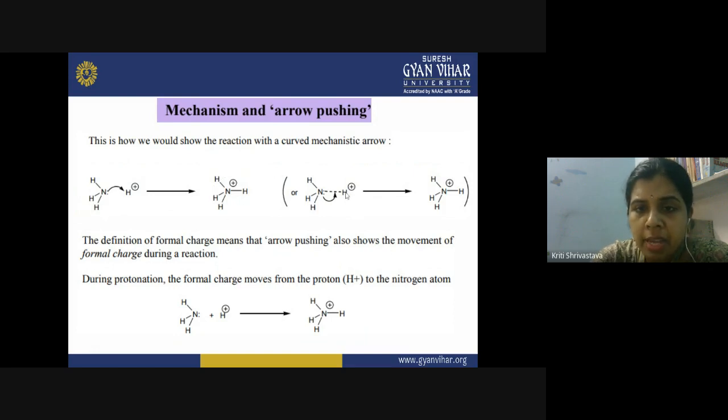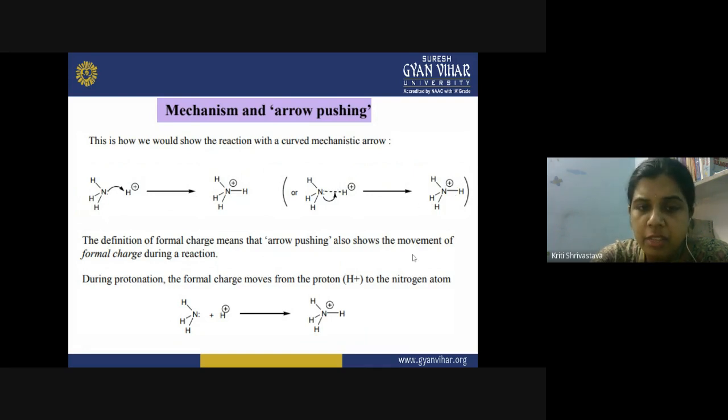Similarly, you can also make a dashed bond, which shows the electrostatic attraction between the two atoms, and after that the electronic movement takes place, which we show by the curved arrow. After this electronic transfer, we get the ammonium ion, that is NH4 plus.